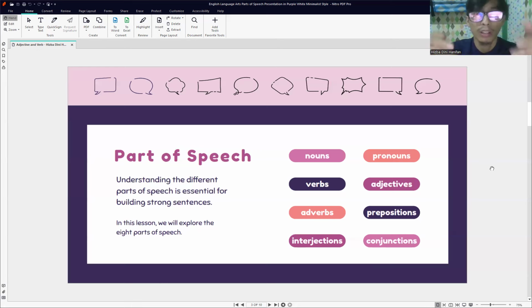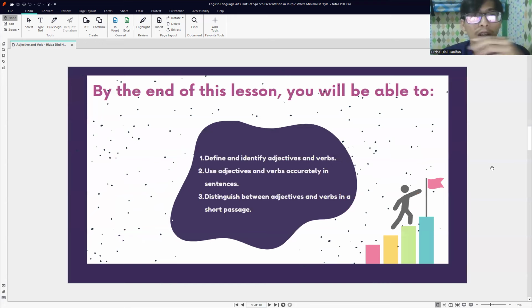Before we jump into the definition of adjective, let's go through today's lesson objectives. We have 3 objectives for today's lesson. The very first one: you are hoped, at the end of today's lesson, to be able to define and identify adjectives and verbs. What exactly is the definition of adjectives and also verbs.